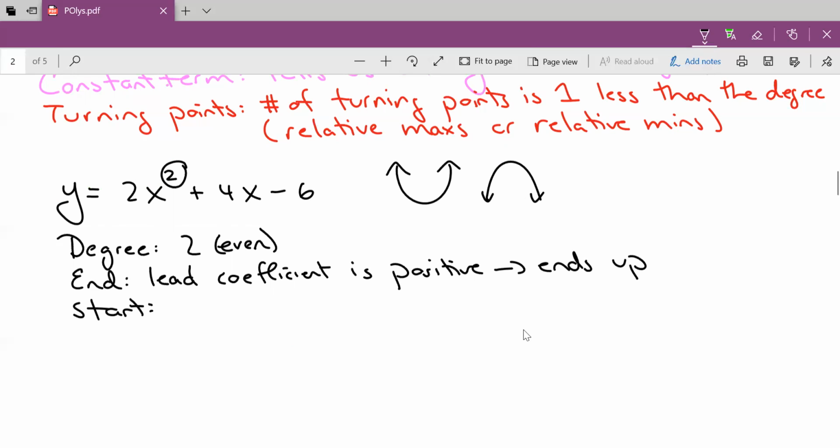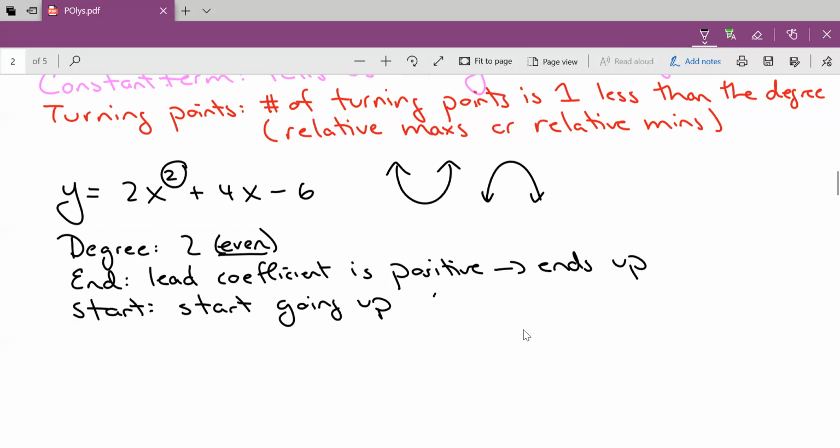So an even function always starts and ends going the same direction. So if this is an even graph, if I end going up, I'm going to start by going up.